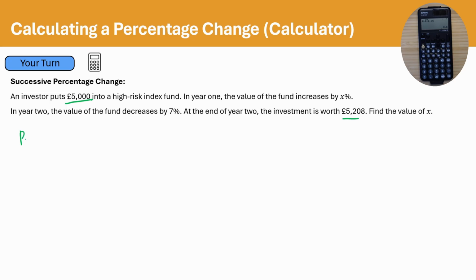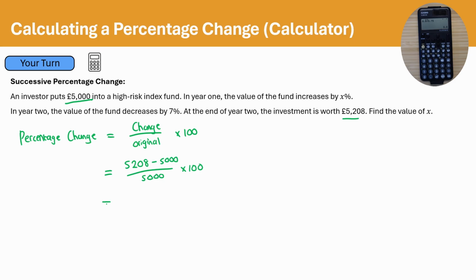Let's say the percentage change is equal to the change divided by the original multiplied by 100. The change is the difference between the 5,208 and the £5,000. And the original value is the £5,000. This is going to work out our overall percentage change.